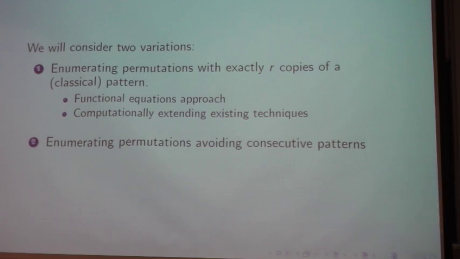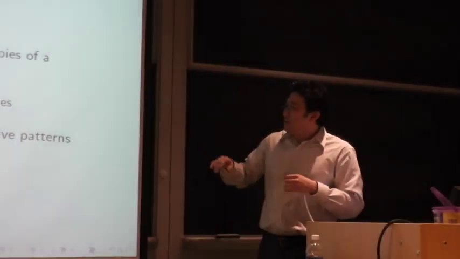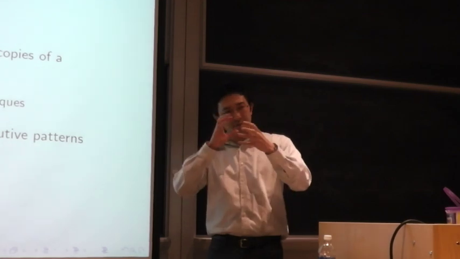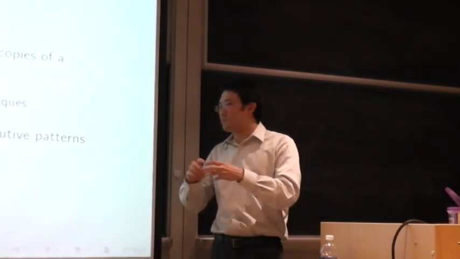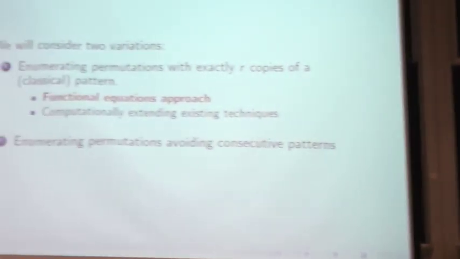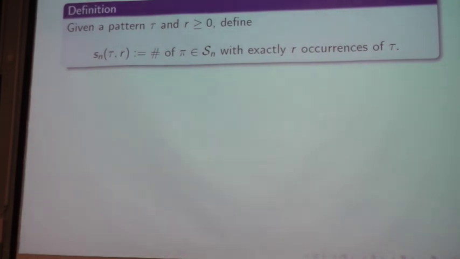I'll give a rough outline of a functional equations approach. I'll also show how an existing approach for one pattern can be extended via computers. And in the end, I'll briefly discuss another special variation of patterns called consecutive patterns. So I'll start off with the functional equations approach.